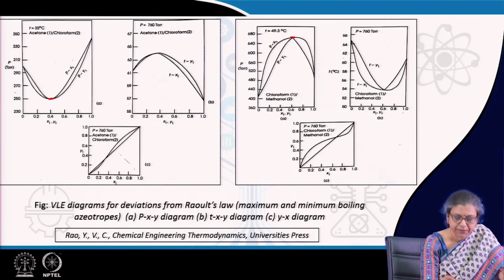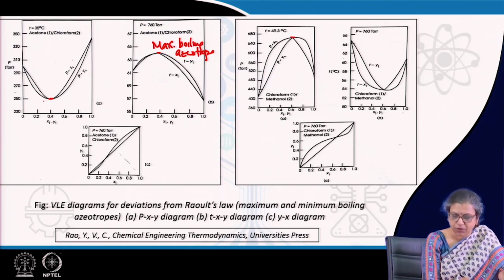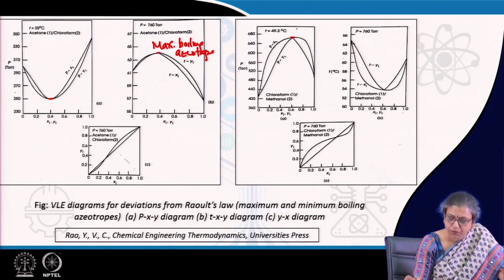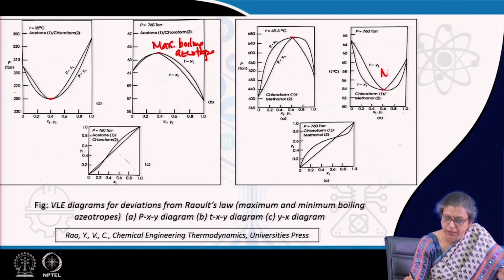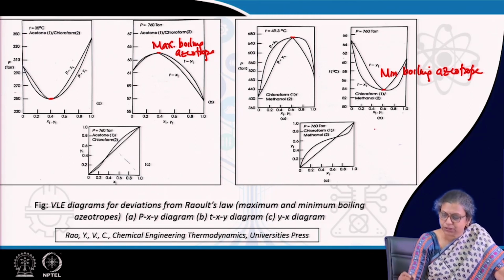Corresponding to that, there is one particular composition where the mixture boiling point is much higher compared to the boiling points of the pure components, and this point refers to the maximum boiling azeotrope, which forms when there is a negative deviation from Raoult's law. For positive deviations from Raoult's law, we have a minimum boiling azeotrope. Now, these azeotropic conditions are very useful for finding out the gamma. That is why I would like to make special reference to it. Now, for non-ideal solutions, what do we find?